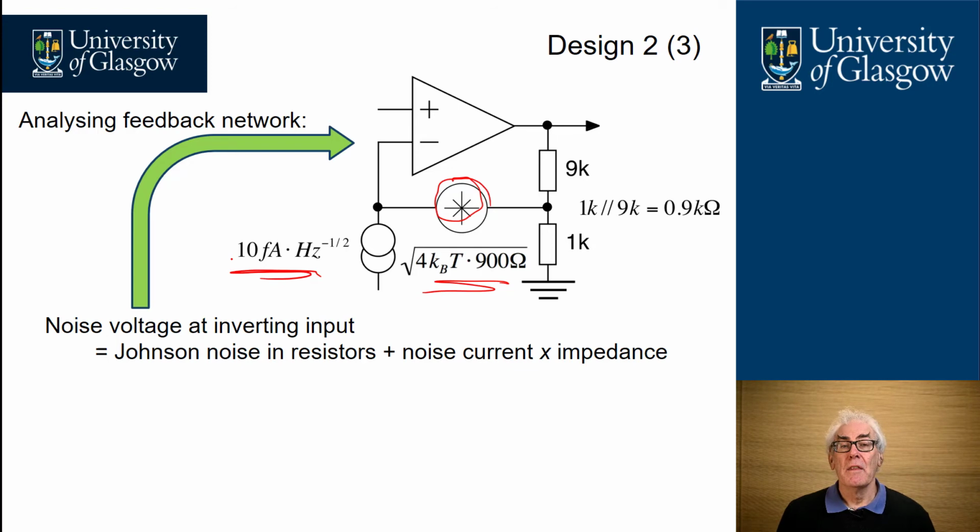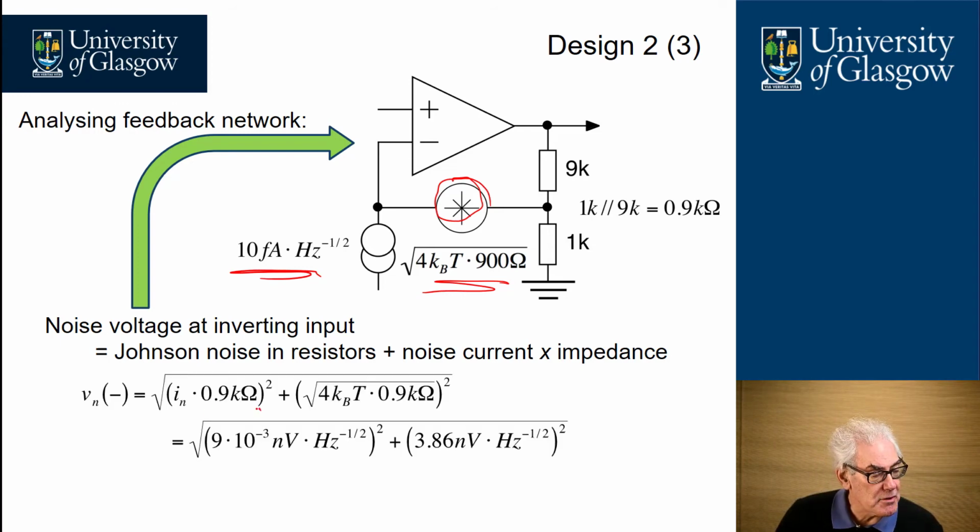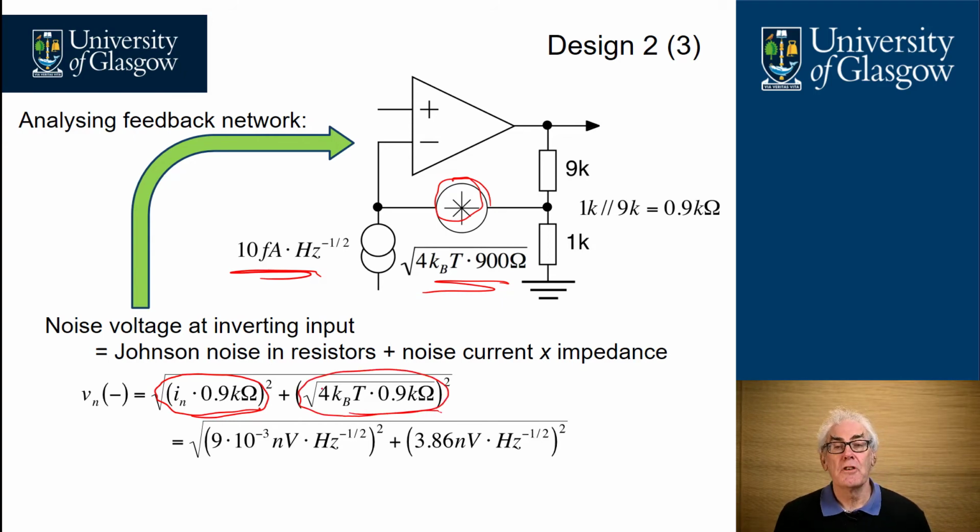That will equal the Johnson or thermal noise from the resistors plus the noise current flowing into the feedback impedance. So calculating that out, we have this term here, which is dependent on the noise current flowing into the 900 ohm parallel resistance, and we have here the thermal noise, the Johnson noise, attributed to the 900 ohm resistor.